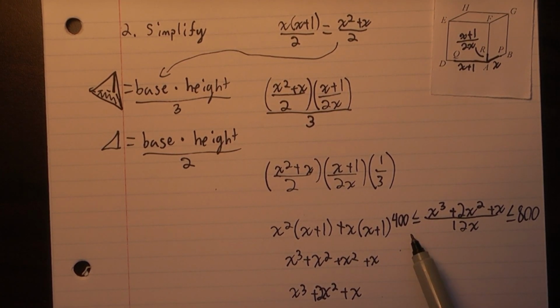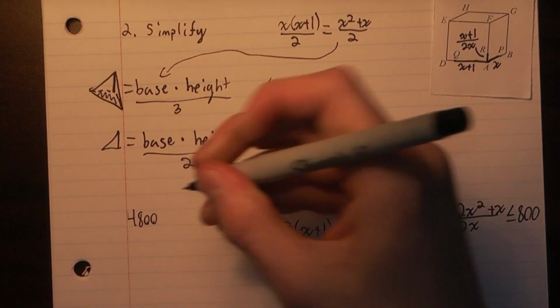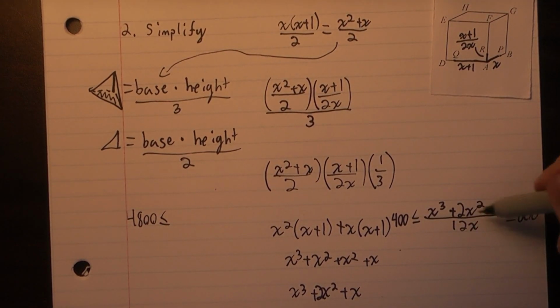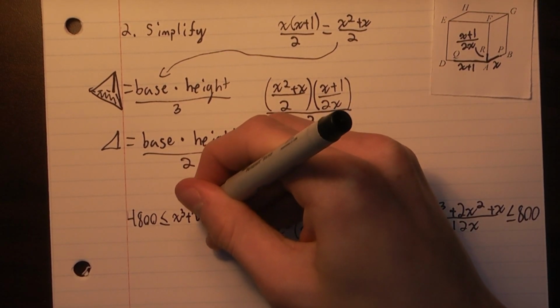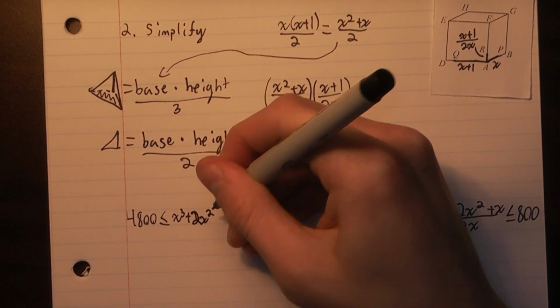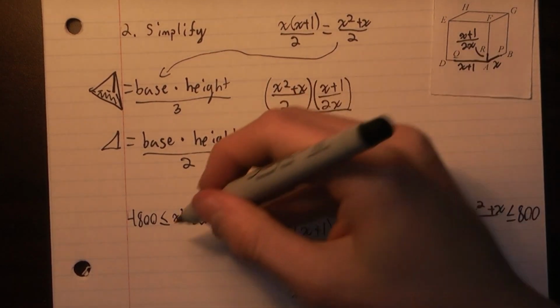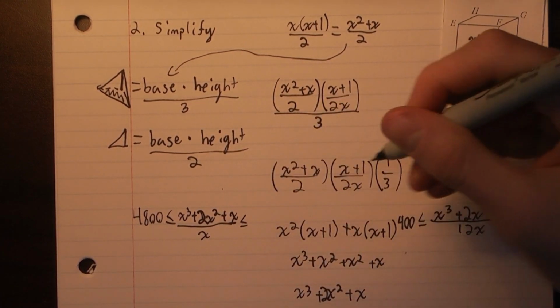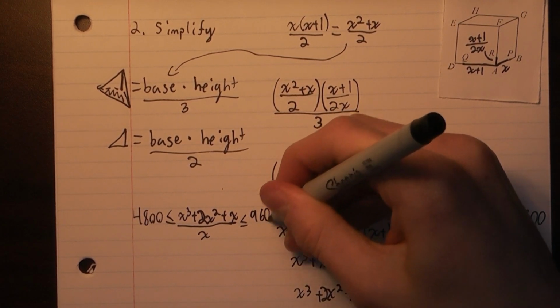So 400 times 12 is 4,800. This middle term times 12, well, we just have to remove the 12. So it becomes x cubed plus 2x squared plus x divided by x. And then 800 times 12 becomes 9,600.